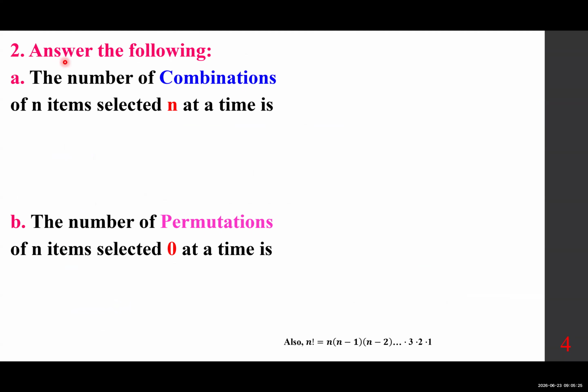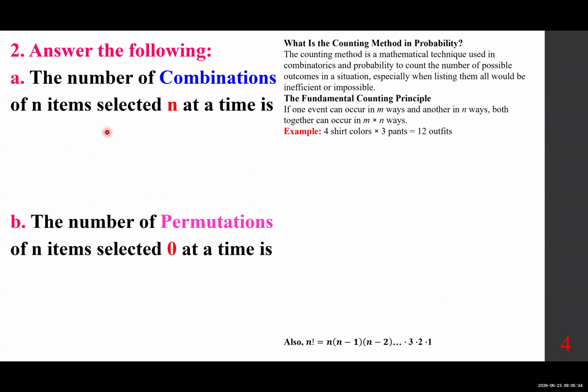Answer the following: the number of combinations of n items selected n at a time. So let's see what that is. Let's discuss the concept. What is the counting method in probability?